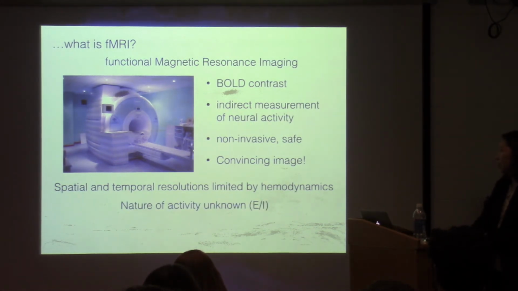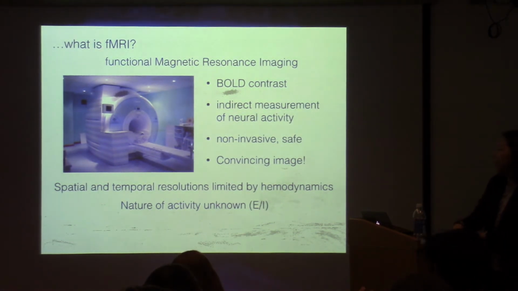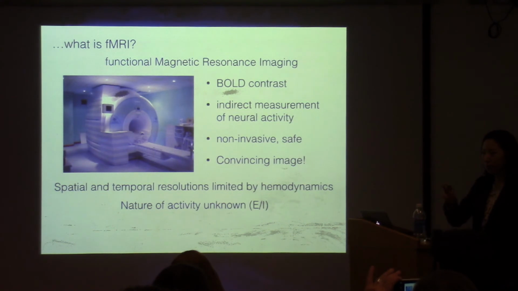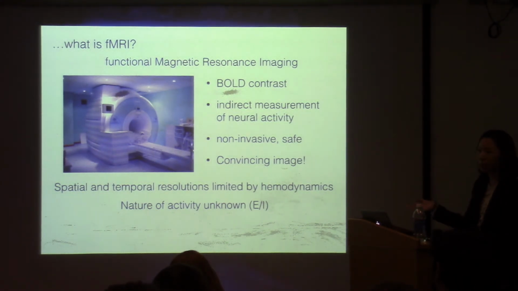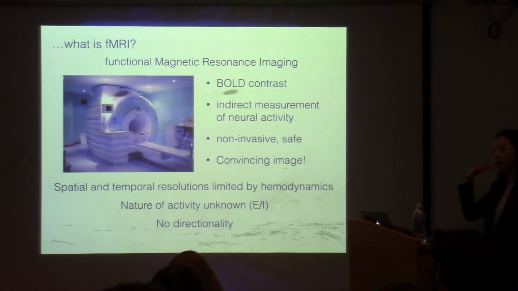And because it is not a direct measurement, we have no idea of what the nature of that activity is. Neuronal signals usually involve two different signals. It can be either excitatory or inhibitory, but using this technique, we don't know if it's excitatory or inhibitory, nor do we know the directionality, whether it's a feed forward or feedback response.